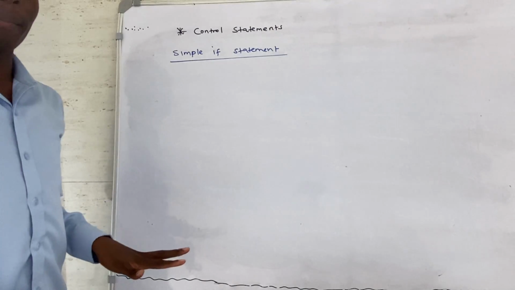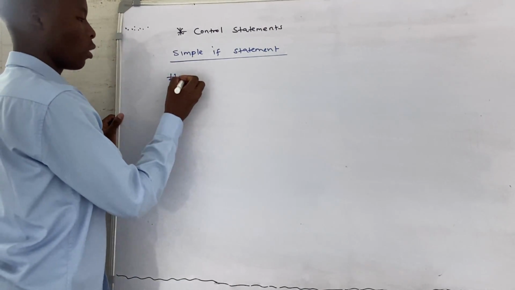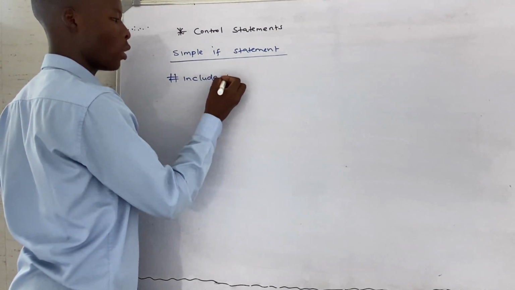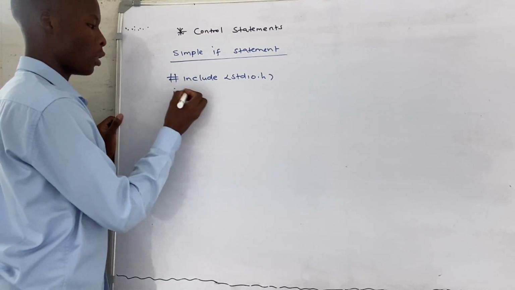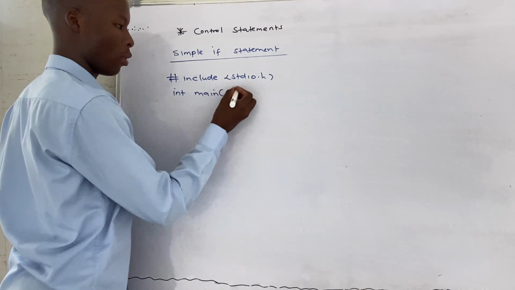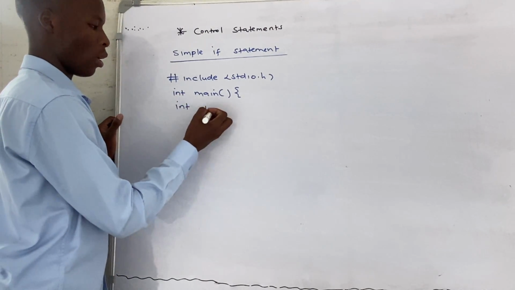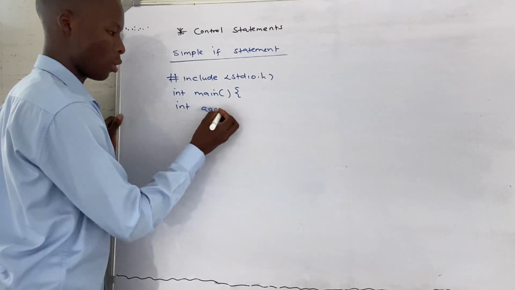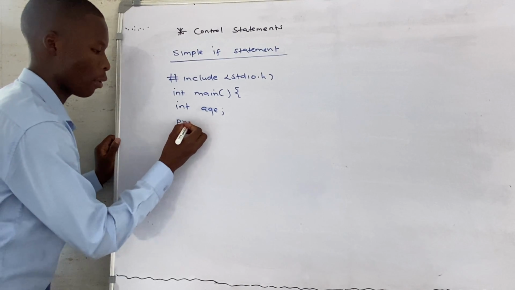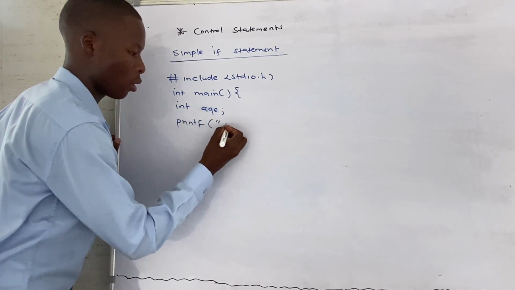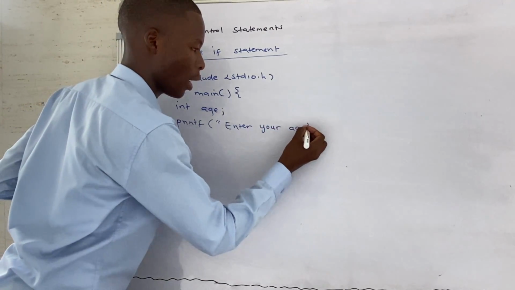I'm going to write a program, and I'm going to explain the program. #include <stdio.h>, int main. Here I'm going to write printf("Enter your age").